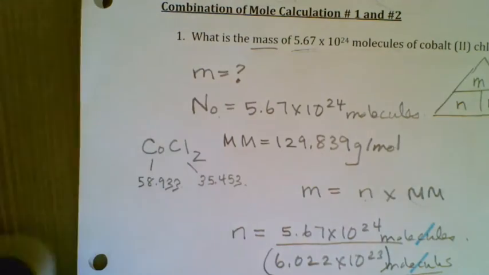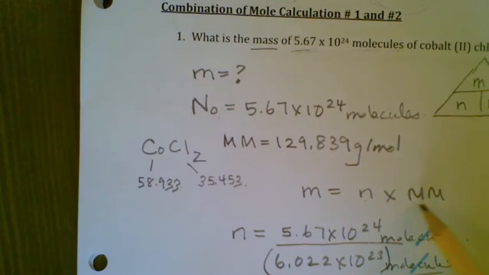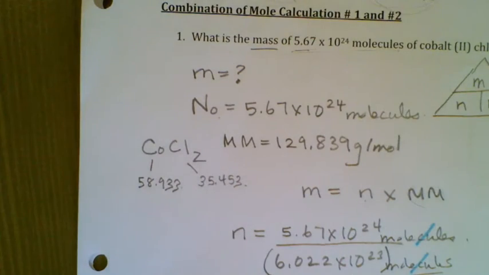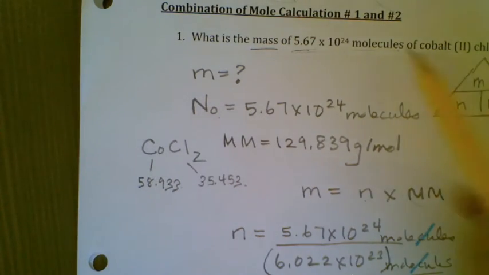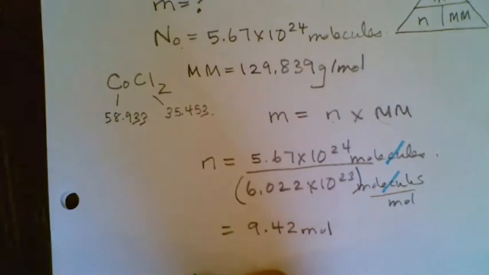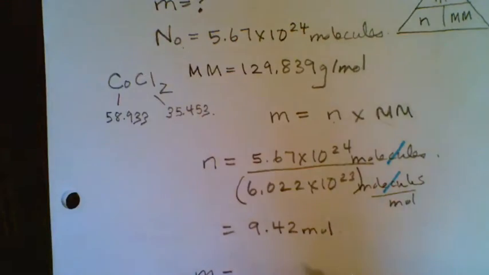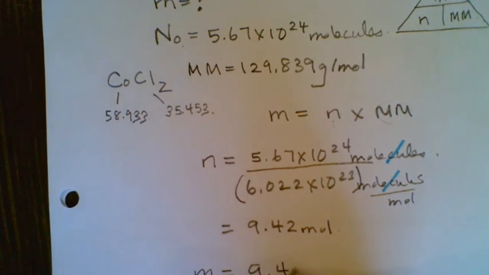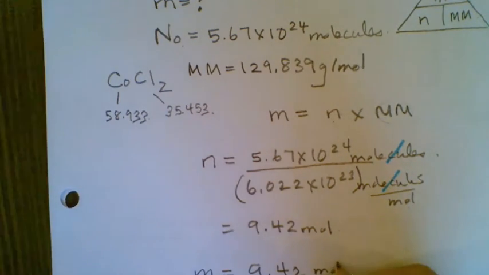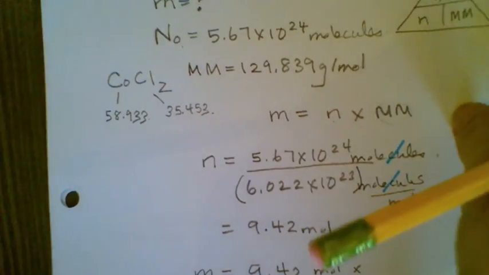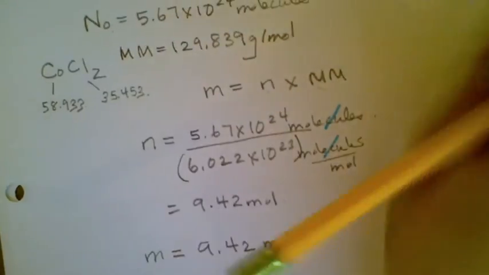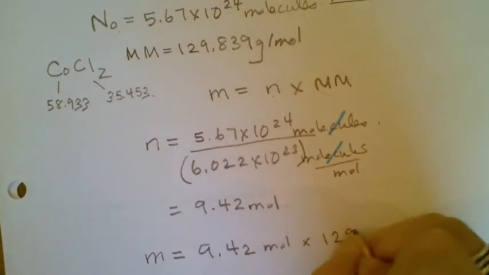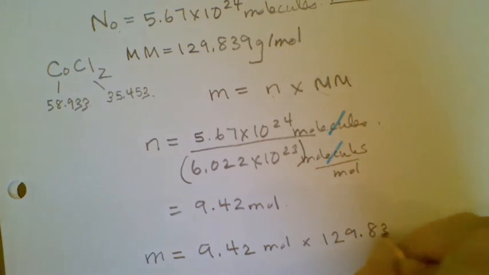Not done yet. The original question was asking, what mass do you have of cobalt-2 chloride when you have that many molecules? So now I have enough information. I can plug in my mole value, 9.42 moles, times my molar mass, which I solved earlier, 129.839 grams per mole.